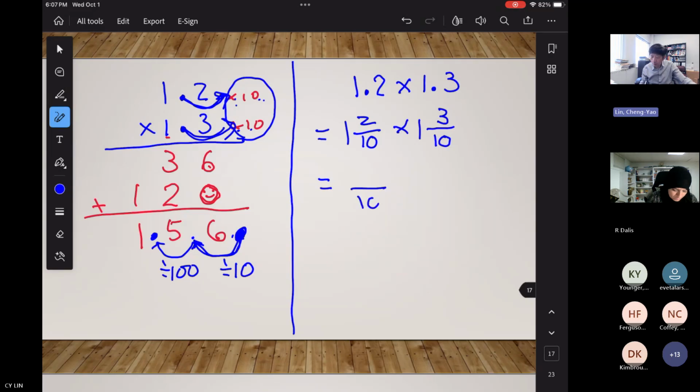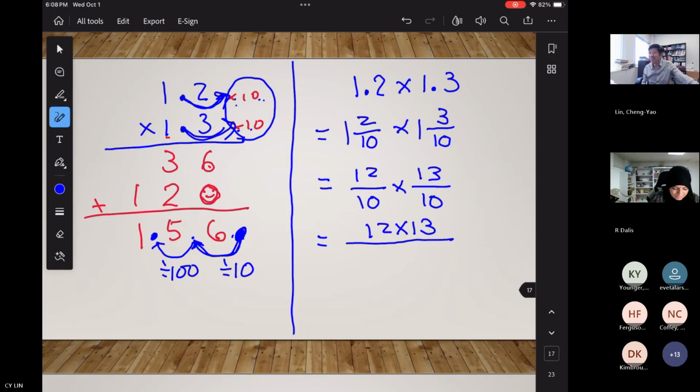So 1 times 10 plus 2 is 12 over 10, times 13 over 10. Is that right? Everybody doing okay here? Yes. And then next, when teachers say ignore the decimal point, we have 12 times 13, right?